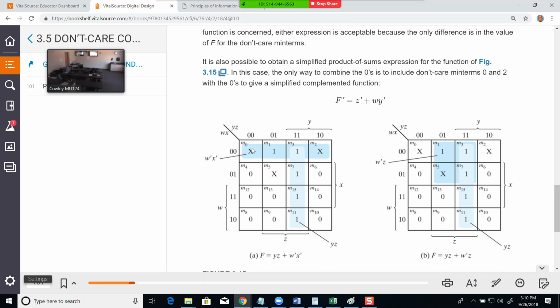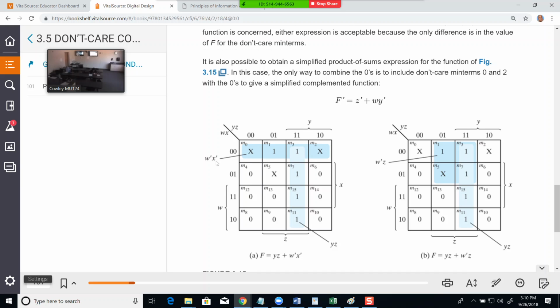Now notice here we included the X here and the X here with this first grouping, didn't we? Going across the top, what can you say about all 4 of those terms? They all have different values, right? Y is 0, Y is 1, Z is 0, Z is 1.